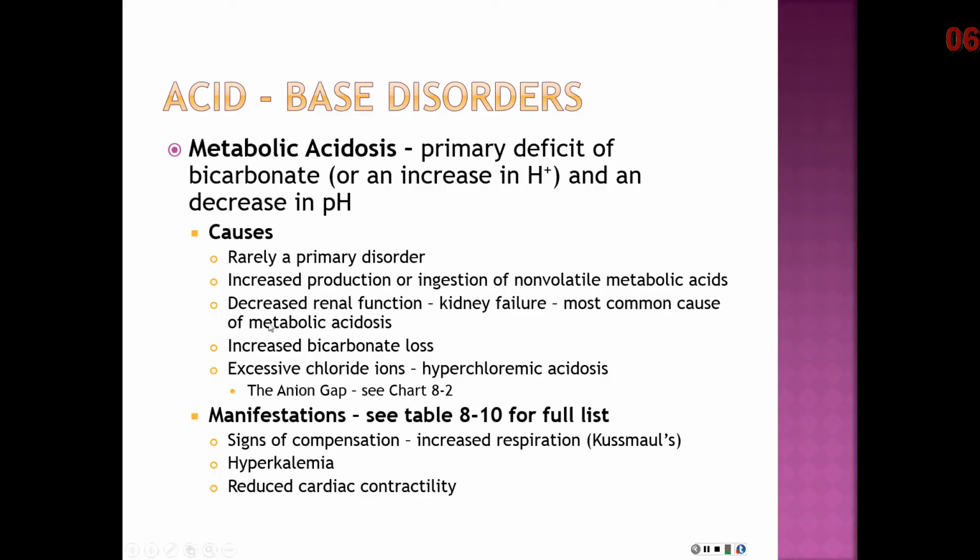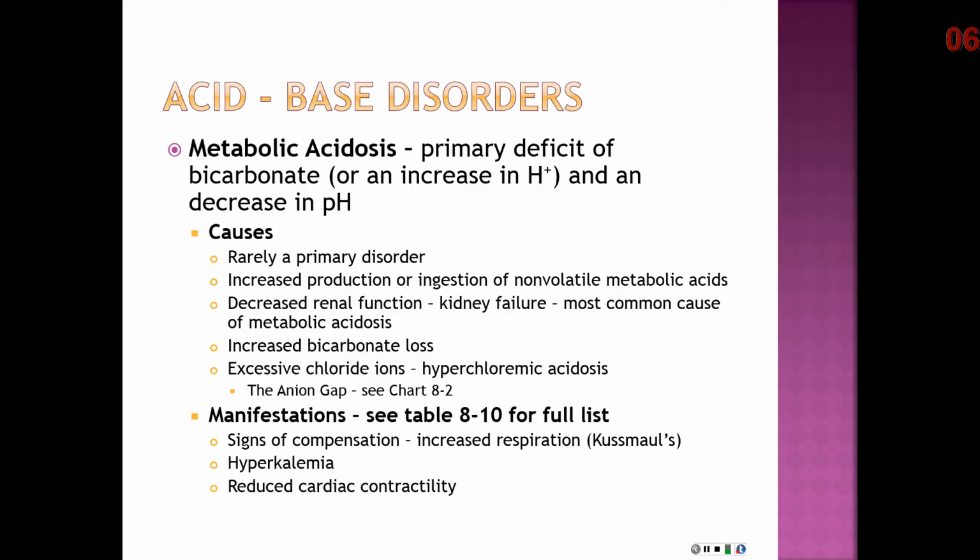So it isn't actually commonly a primary disorder. It usually isn't the thing to go wrong first, but it can occur from increased production or ingestion of non-volatile acids. So this is in some way a high protein.